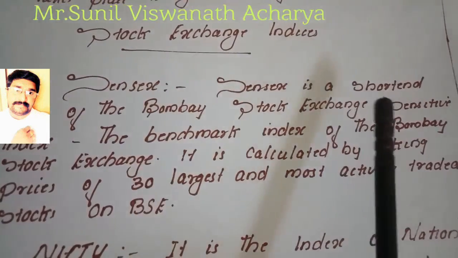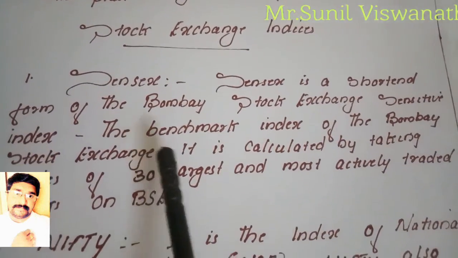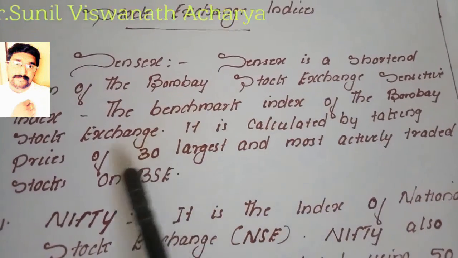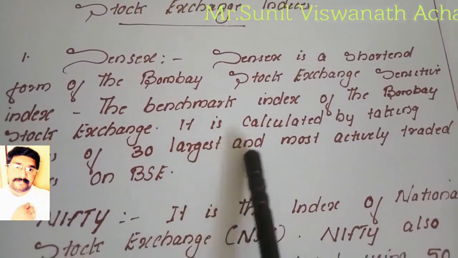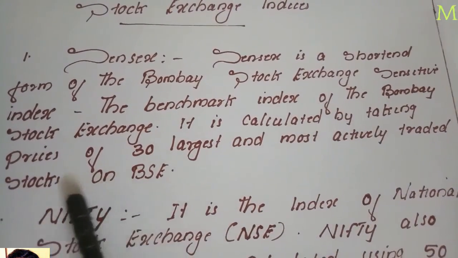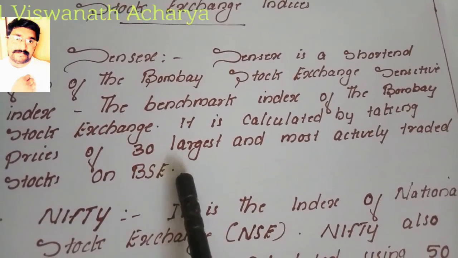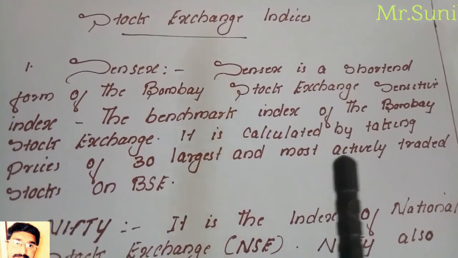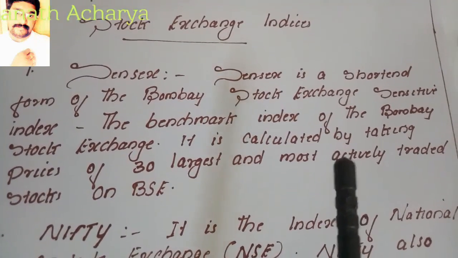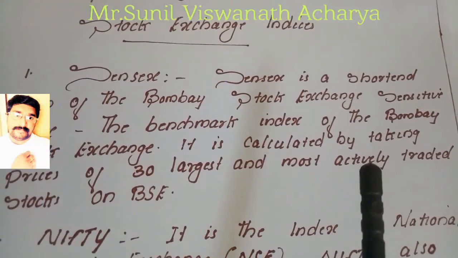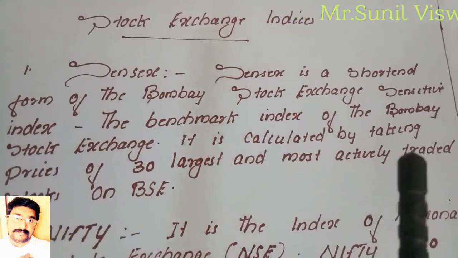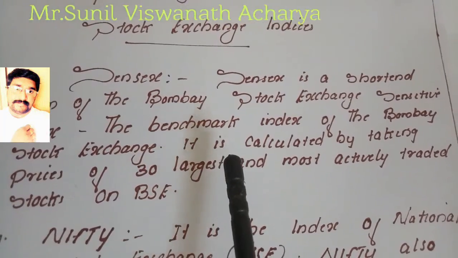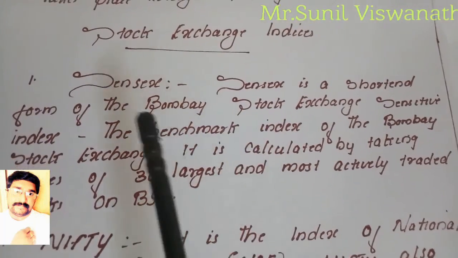Its full form is Sensitive Index. The Sensex is calculated by taking the prices of the 30 largest and most actively traded stocks in the Bombay Stock Exchange. Whichever securities are most actively traded, the first 30 prominent securities will be taken, and the prices of these 30 securities are used for calculating the Sensex.